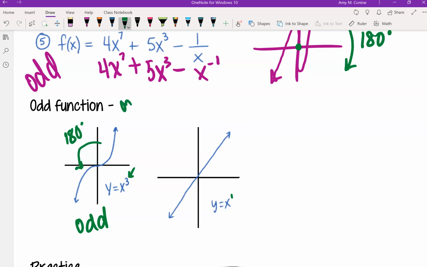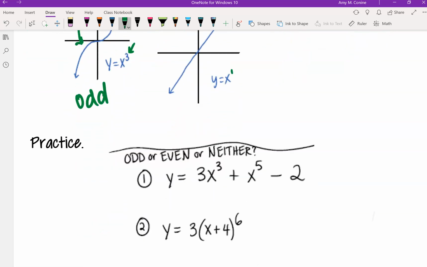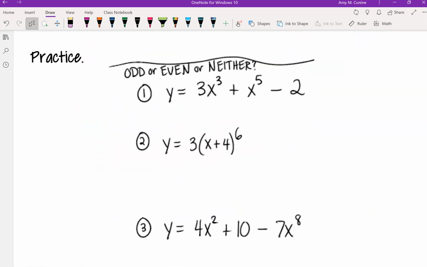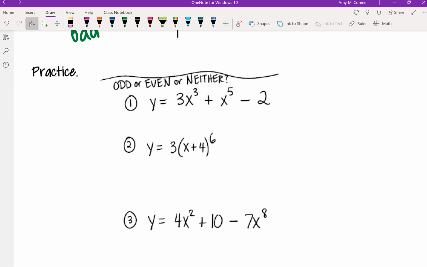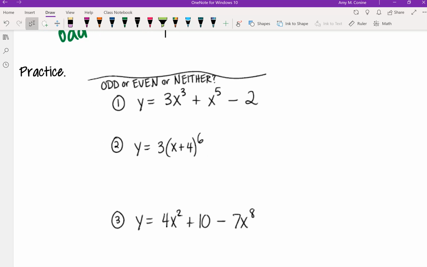So you have to have all the odd degrees in your function, or you can rotate it to check it out, okay? So just real quick, even, odd, or neither. So you have these 3 I want to take a look at. I want you to determine if these 3 are even, odd, or neither. So go ahead and do that now.